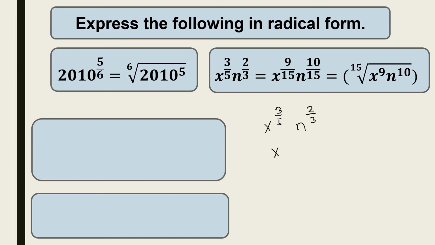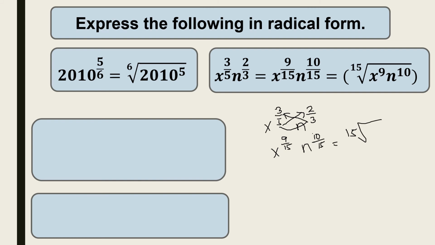As we learned in our past topic, use the butterfly method, that is 5 times 2 equals 10. And then you just multiply 5 times 3, so that will become 15. Then in the same way, this one, 9 and then 15. So they have the same denominator, so we can change that into radical form.